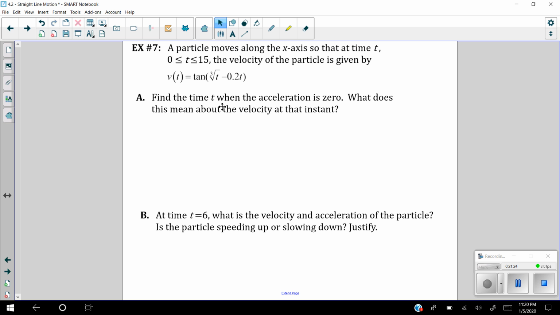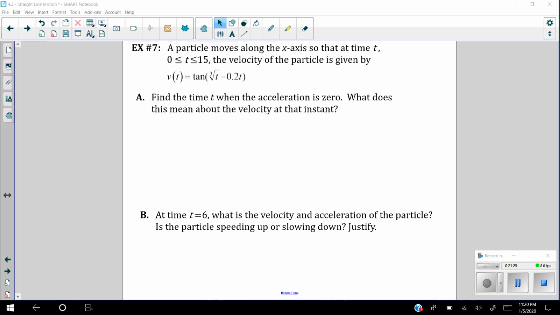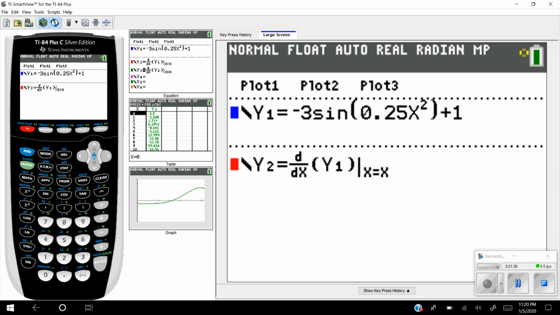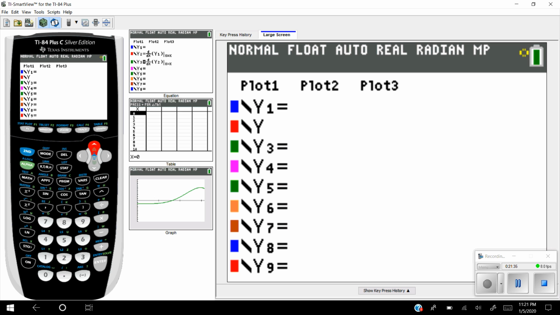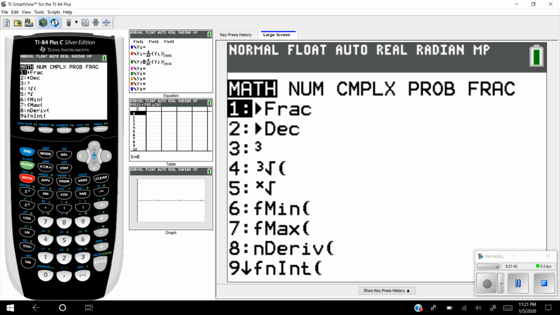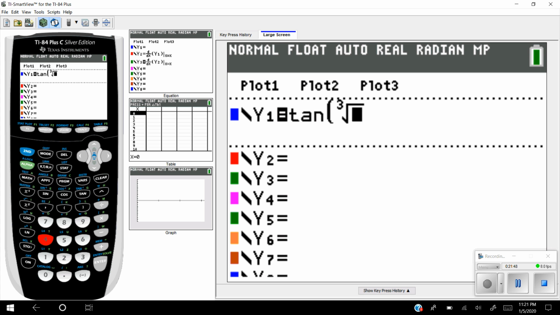Okay, so we're going to go to our calculator, clear out what we've got here. Now the function they're giving us is the velocity function. So tangent of, now cubic root is under the math, option 4 of x, move out of the radical, minus 0.2x.